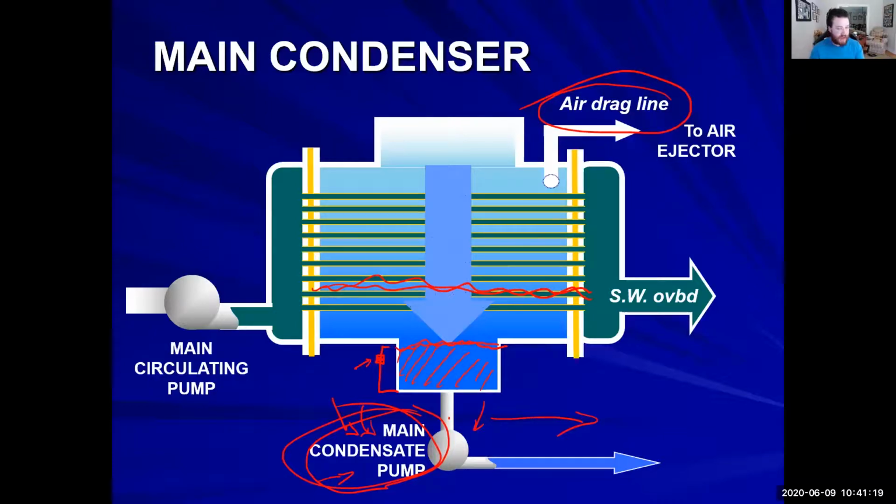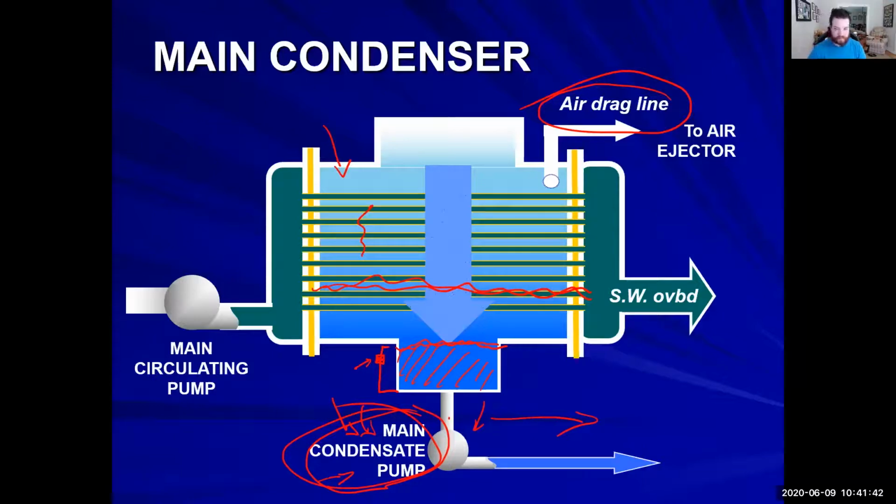You're going to be losing vacuum, and now you're not creating more water, more liquid. You're not condensing as easily, and you lose your whole cycle. Not only do you lose your liquid end, but you also start to lose what pulls all that steam into your condenser and through all of your HP turbines.